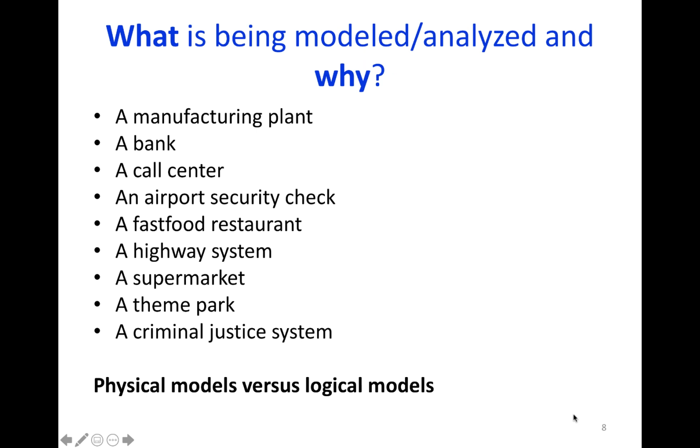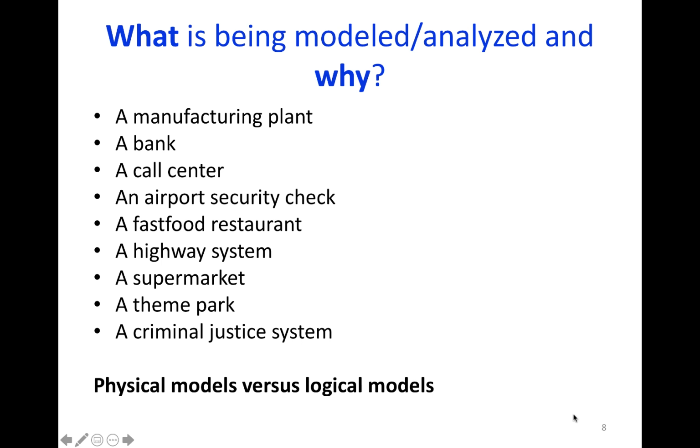So as I told you, simulation has been heavily used in manufacturing processes, in banks or call centers. It has been used heavily in the airport industry to design the airport, to see, for example, how many security check stations we need and how many agents we have to hire. In restaurants, the same way: how many tables we want, how many waiters or waitresses we want. And go on to supermarkets.